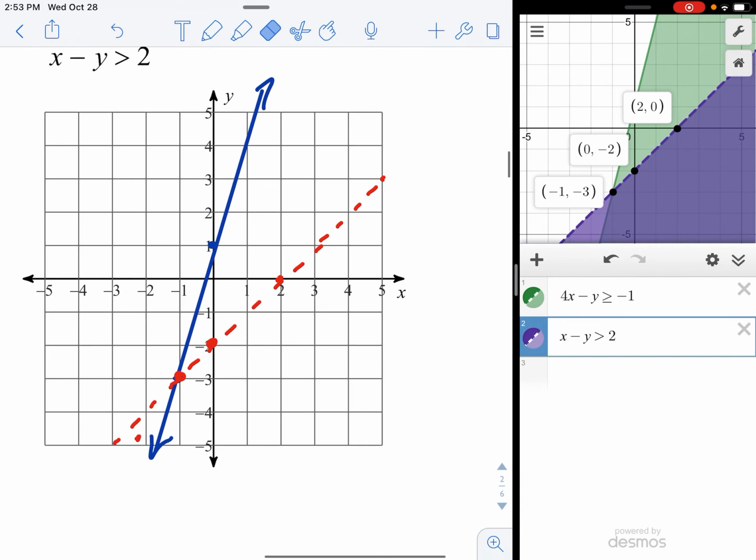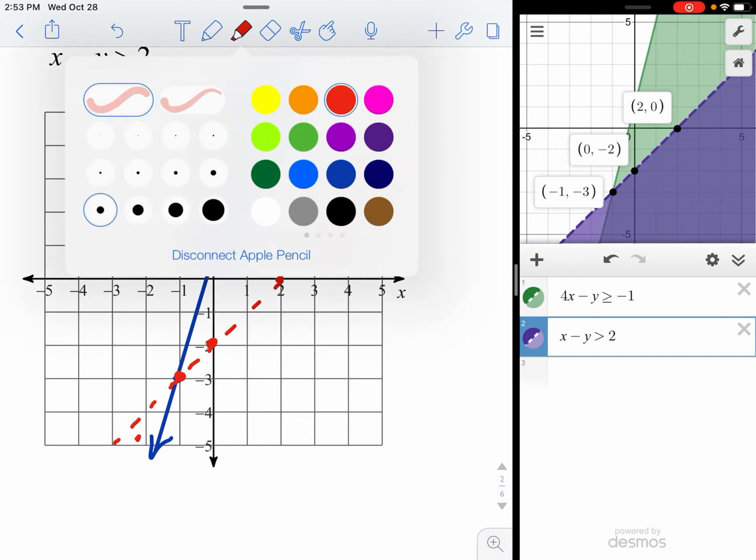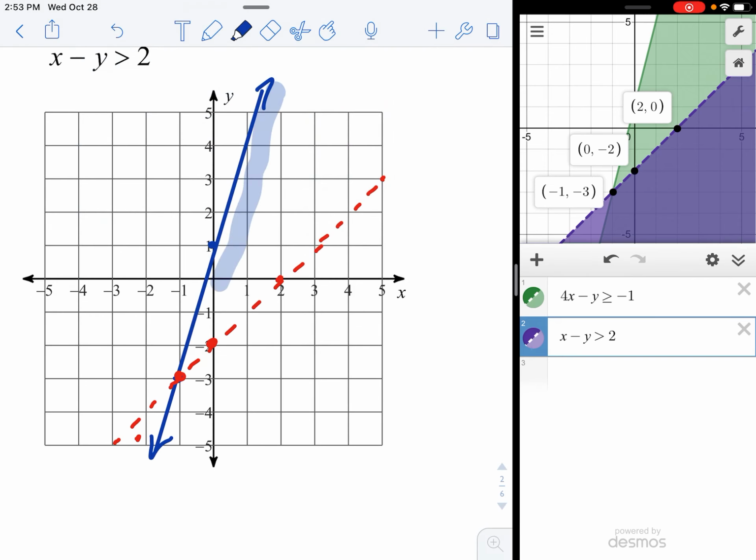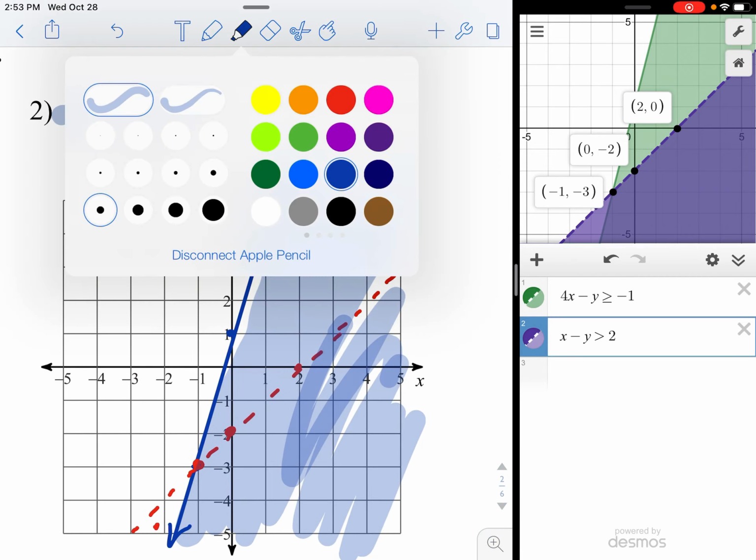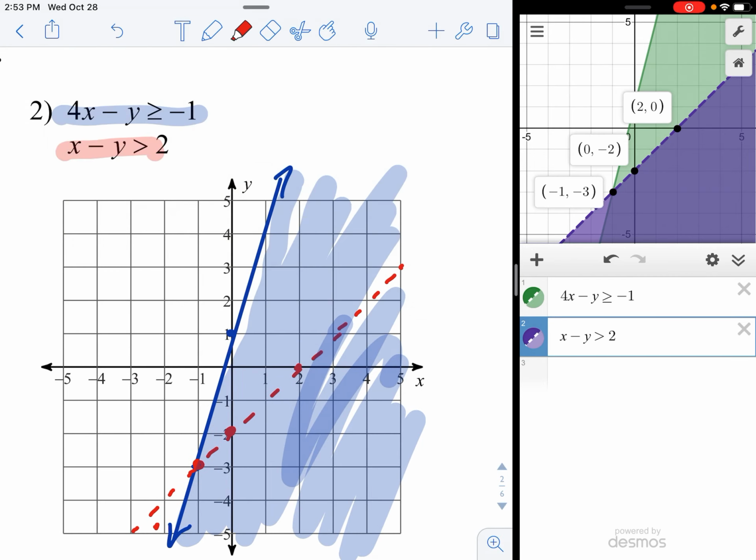So what we're looking for is the region that satisfies both inequalities. So what I shaded first in blue satisfies the first inequality, which was here, this blue one. The second one, which I did in red, satisfies this inequality.